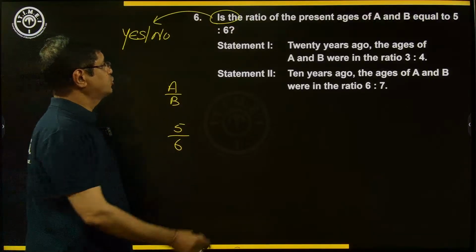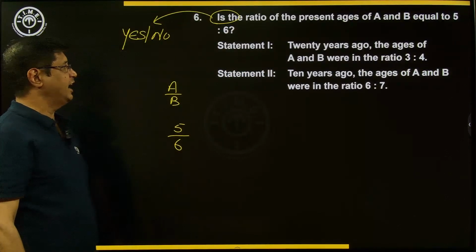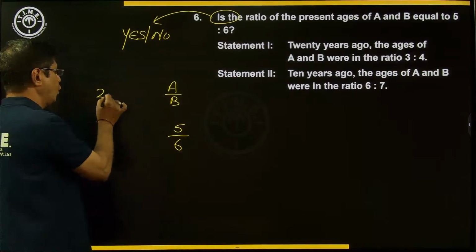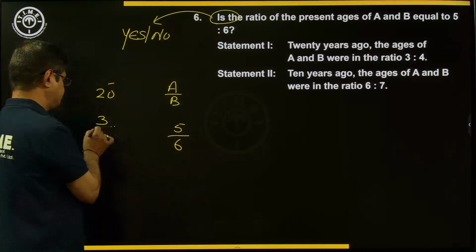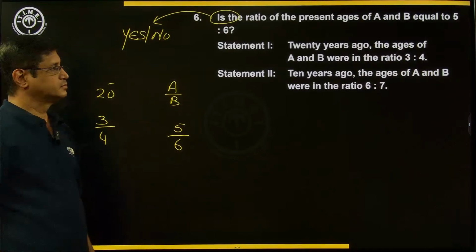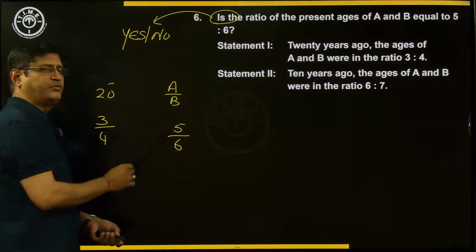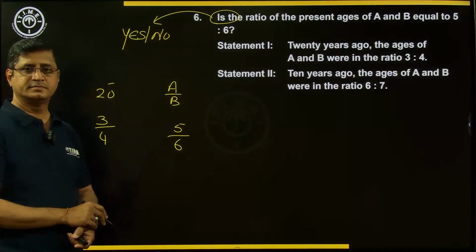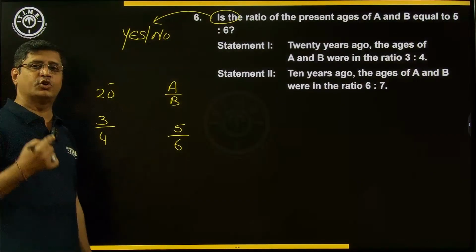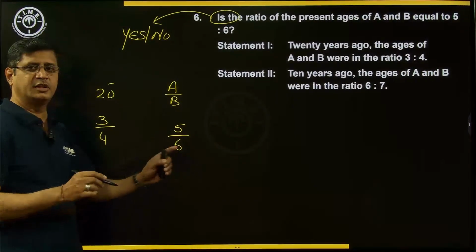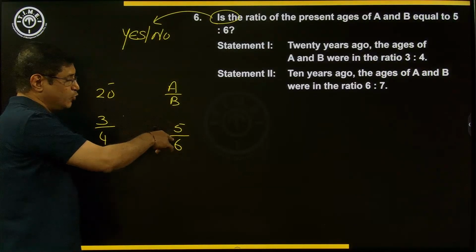Okay. Dear students, look at the first statement. 20 years ago, the ages of A and B were 3:4. If you observe 3:4 and 5:6, 3/4 is a 20 years ago value. And what about 5/6? That is the present value. Now 3/4 by adding 20, will it give 5/6 or not?